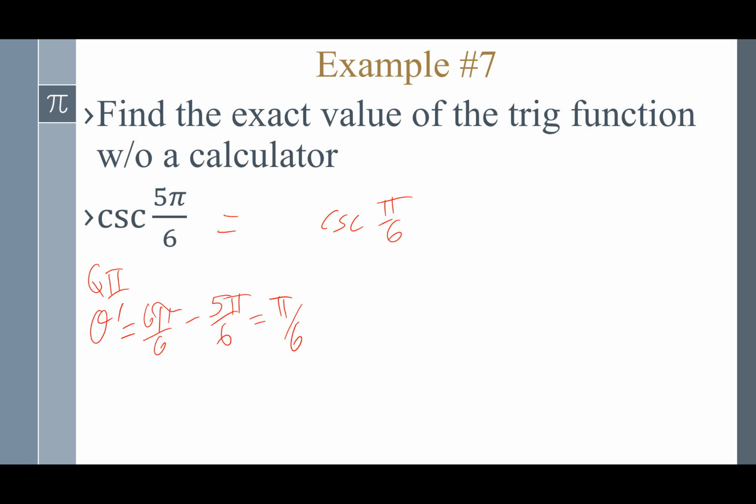So since r is always positive and y is positive in quadrant 2, this is also positive. And pi over 6 is equivalent to 30 degrees. So if we're looking for cosecant of 30 degrees, we find the answer is a positive 2. There is no button for cosecant on most calculators, so that's one that you kind of have to know in order to figure this particular part out.